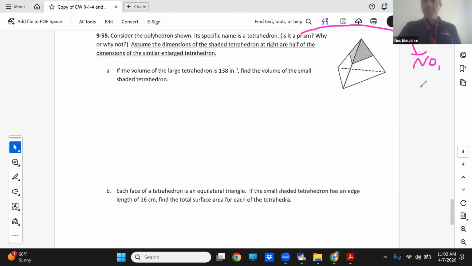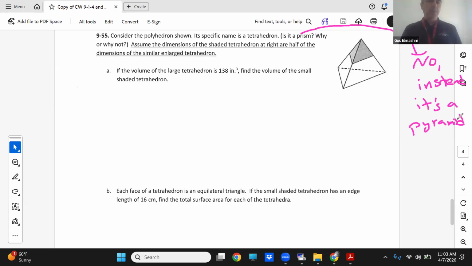No. Instead, it's a pyramid, which we'll talk about later in this unit. It's mainly due to the fact that you don't have the same number of faces.